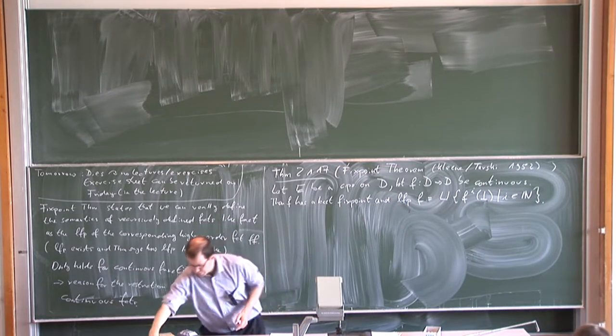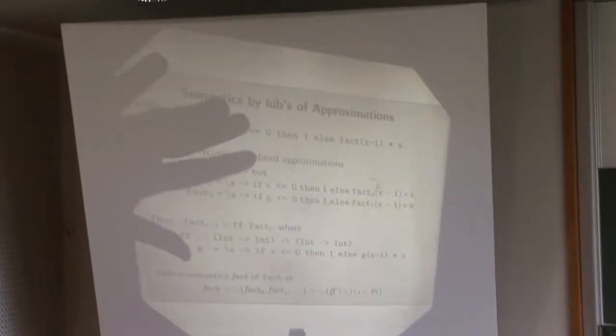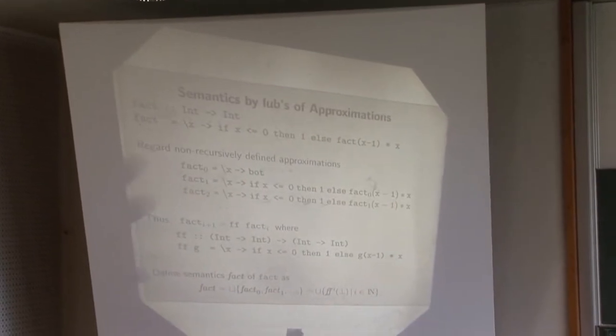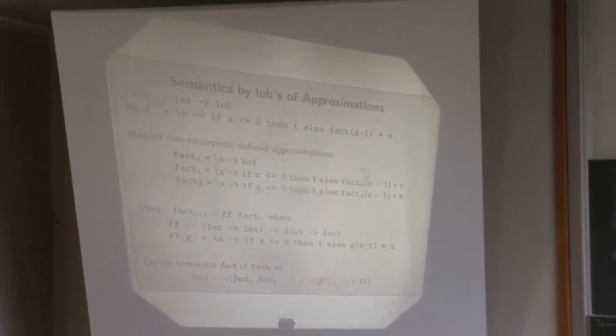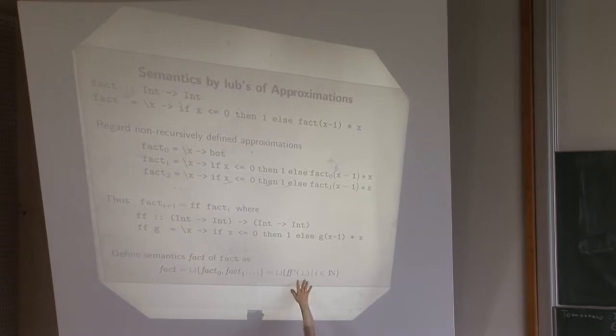Now maybe I put on this other slide again so that we can see ff. When we use it for the semantics, we look at this function ff, and we apply ff to the bottom function 0 times, 1 times, and so on. The theorem says the least upper bound of this chain is the least fixed point of ff.